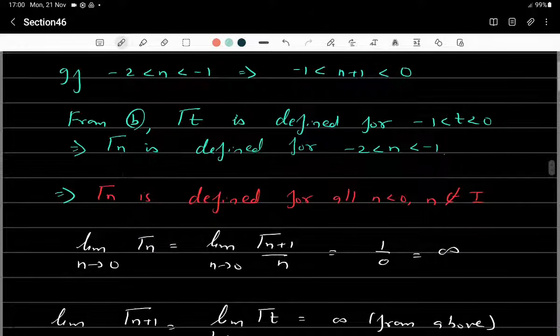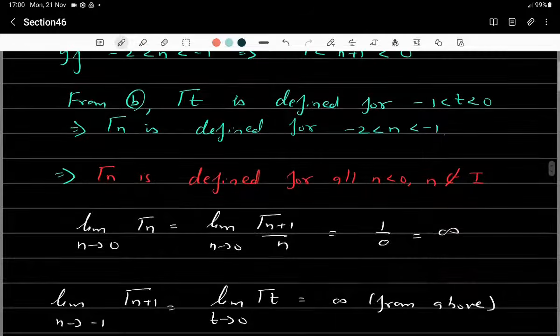Similarly, if you check for minus 1, at minus 1 gamma n plus 1 divided by n, n is not a problem, so I am just looking at gamma n plus 1. So the limit n tends to minus 1 of gamma n plus 1 is the limit t tends to 0 of gamma t, which is infinite from above, because the limit n tends to 0 of gamma n is infinite. It means for all negative integers and 0, the gamma function is not defined.